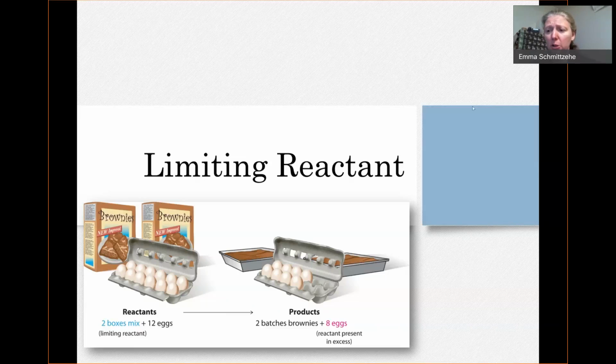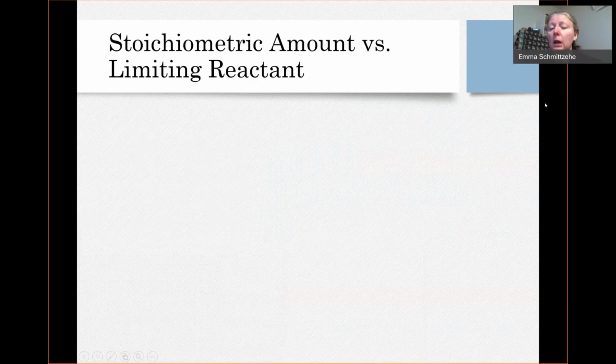Specifically, let's compare it to what we would call stoichiometric amount. So we could have a chemical reaction where we have a stoichiometric amount of substances, or you can have a reaction where you end up having a limiting reactant. Okay, so these are your two possibilities.